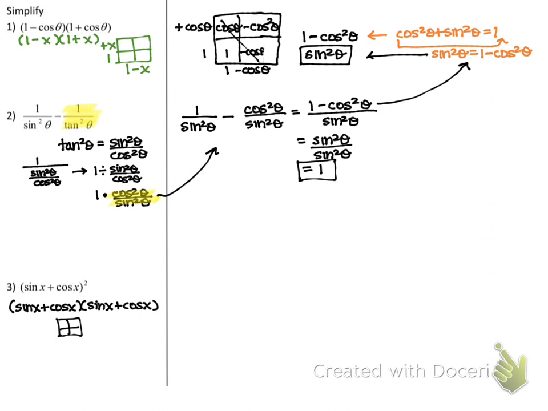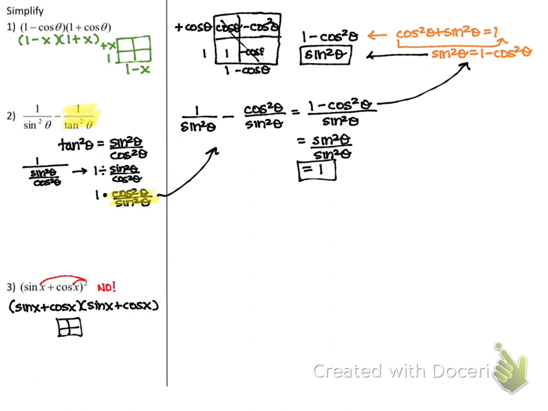Or you have to distribute carefully. What you do not do, this is a hard no, don't do this. You cannot distribute your squareds inside because you're going to miss the term in the middle of the sine and cosine. So why don't you pause, see if you can multiply this out, and then come back and check.